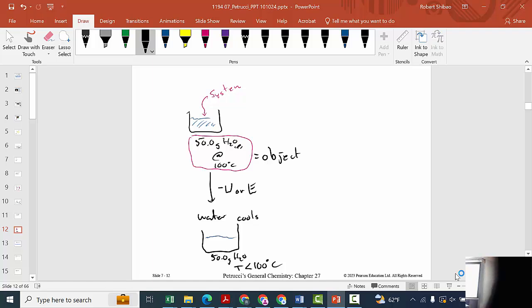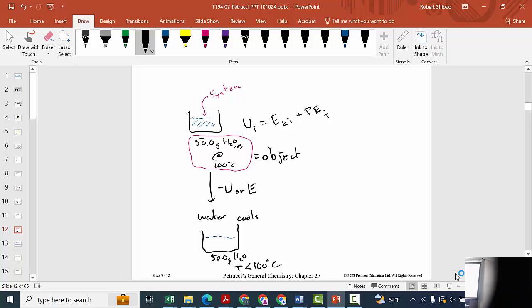And so when we look at this, this is going to be U initial, which is our total energy initial. Our total energy initial is going to be equal to the sum of the initial kinetic energy plus the initial potential energy.